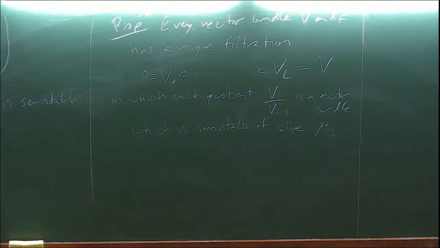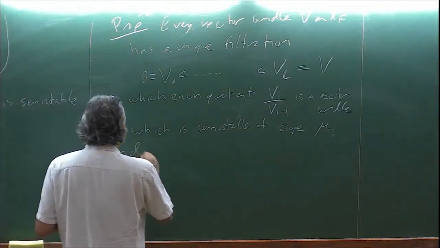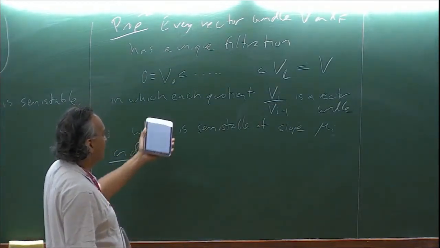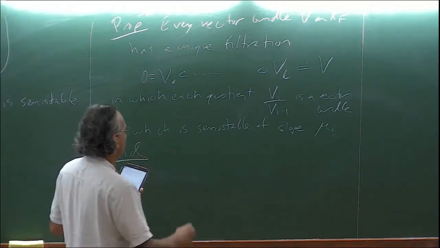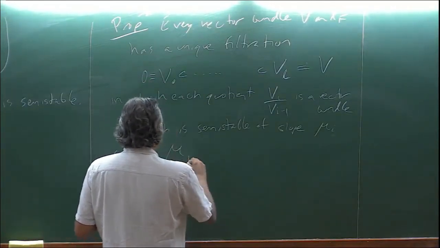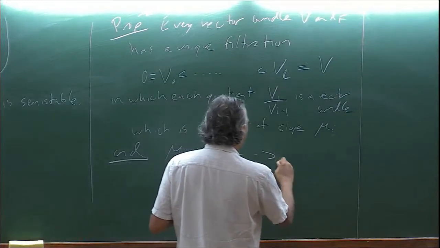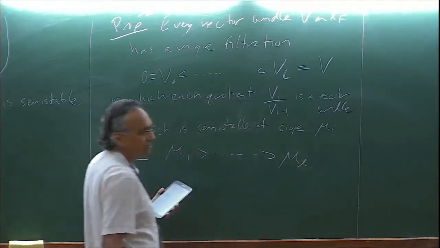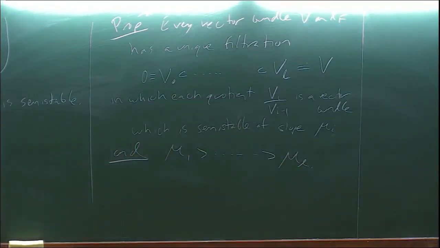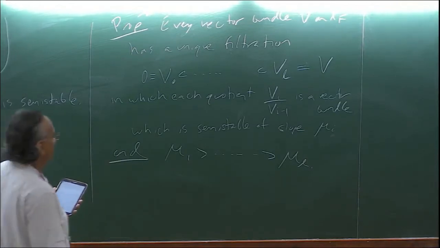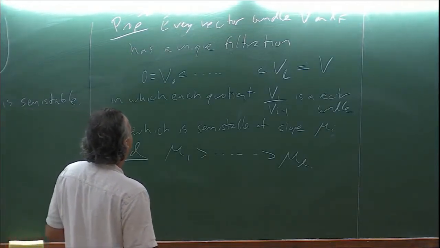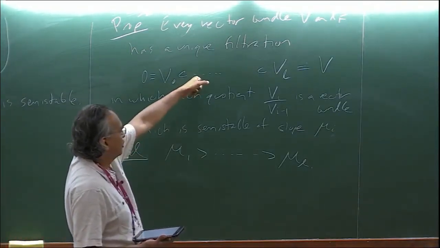Each quotient has a slope, which I'll call mu I. There are many filtrations like this, but there's only one that has the property that the slopes go in decreasing order. The way you prove something like this is you first figure out what the first term has to be.